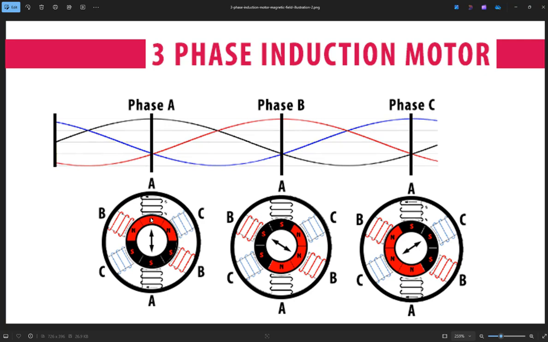What that does is pull the rotor inside away from the stator, so it spins.